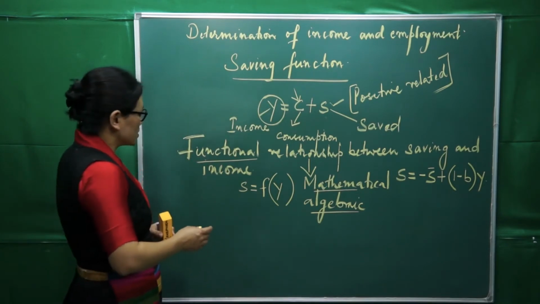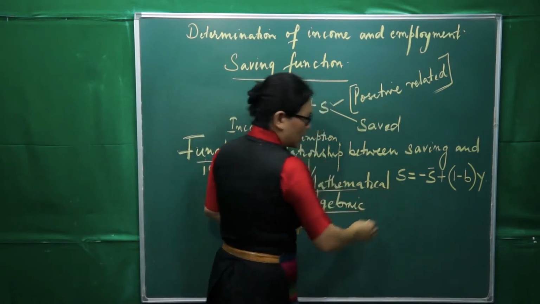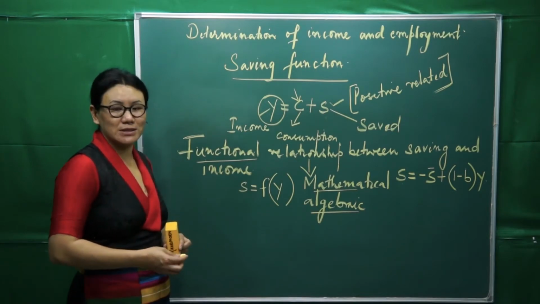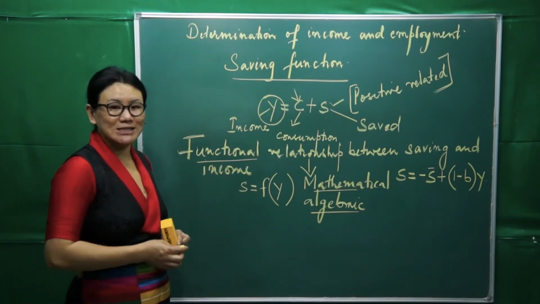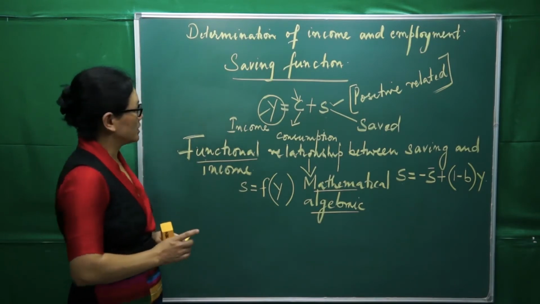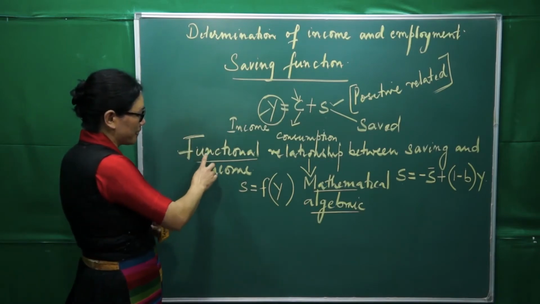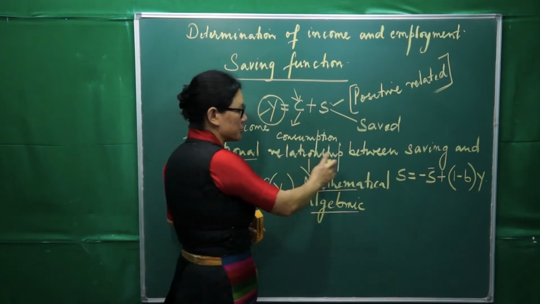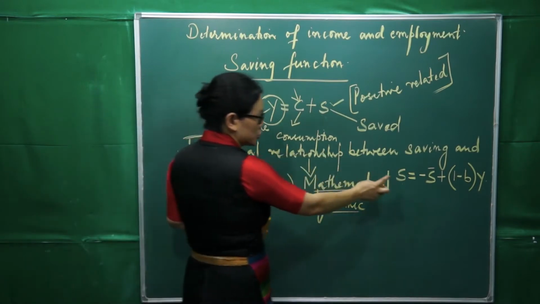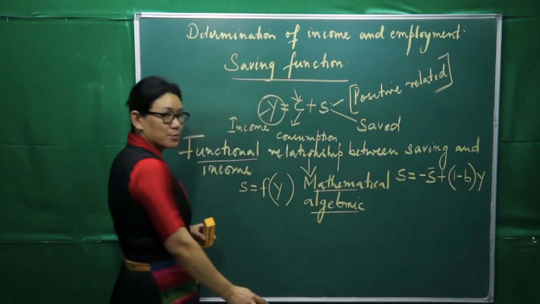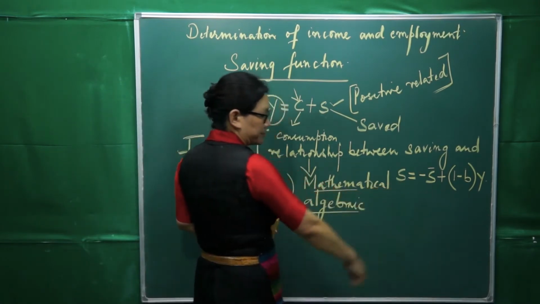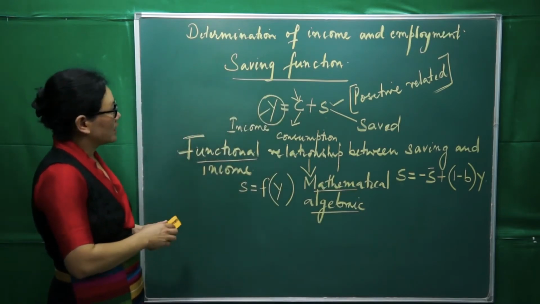Is that clear? Regarding this, I will be talking more at the end of this video. For the time being, we will see only the meaning of the saving function. Again, what is the saving function? It refers to the functional relationship between S and Y, expressing the relationship between saving and income in this form.